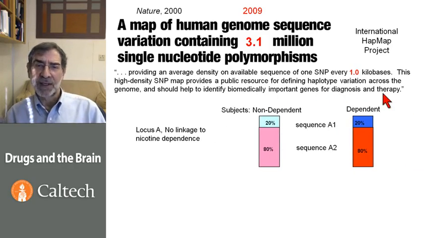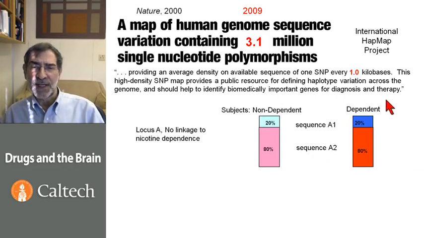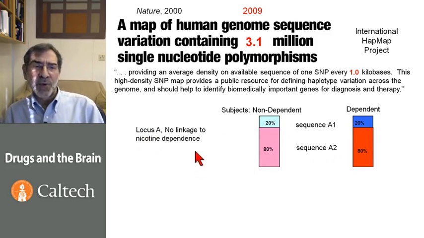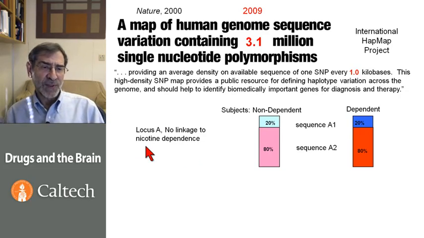We're going to take a hypothetical example of non-nicotine dependent people and dependent people. At one point in the genome, one polymorphism, which we will call locus A, 20% of the people have sequence A1, 80% of the people have sequence A2, differing by one nucleotide. And this is true for non-dependent and for dependent people.